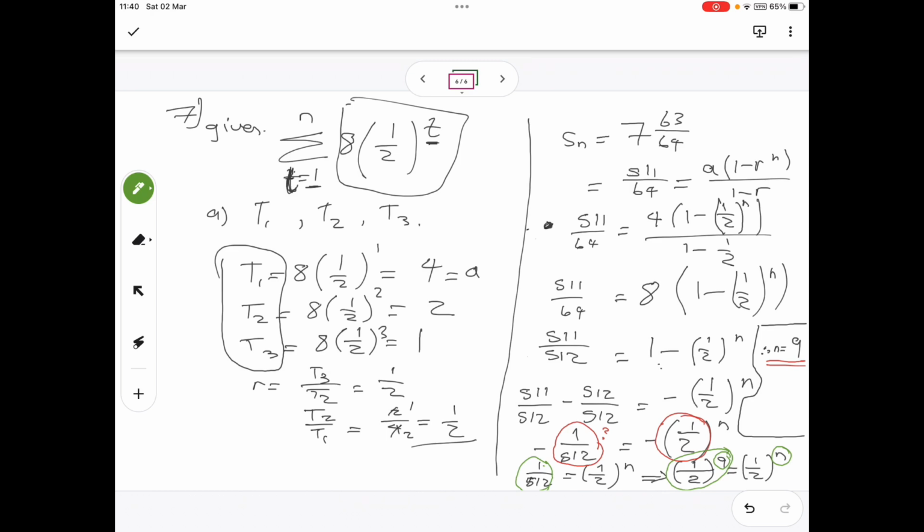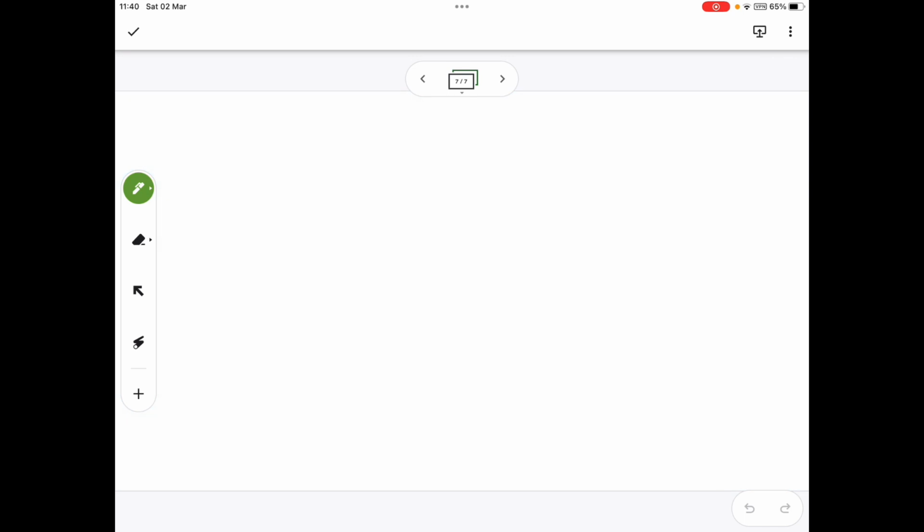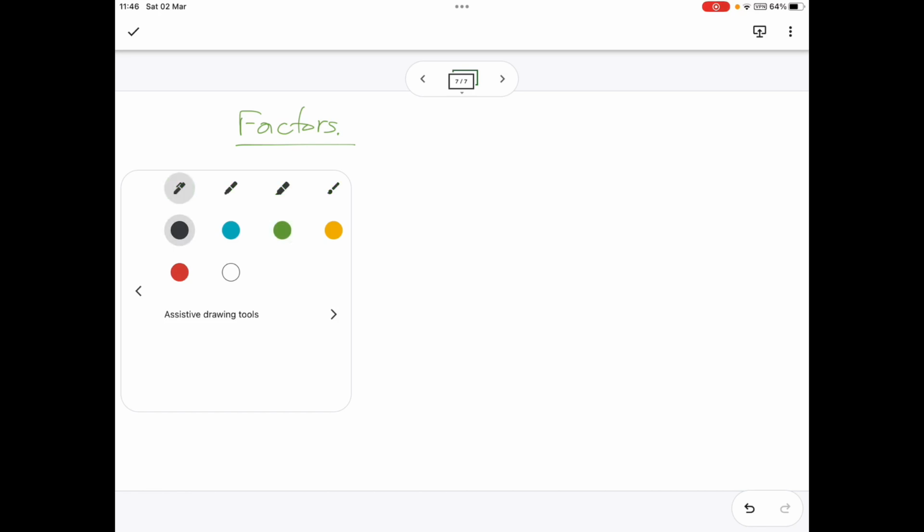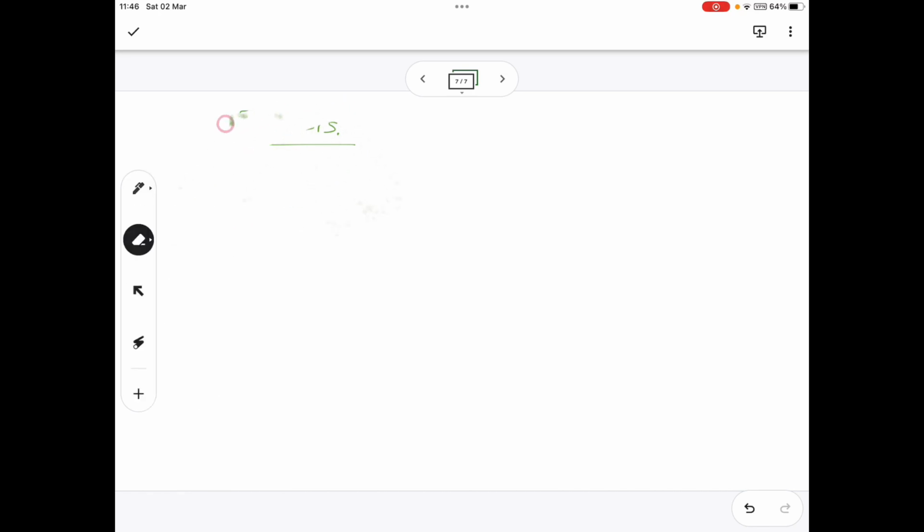But I don't know how else to explain factorization. I have to find another way to explain factorization. There's a whole lot of ways that factorization can occur. So I wanted to share some notes on factors, right? Let me just change the color.